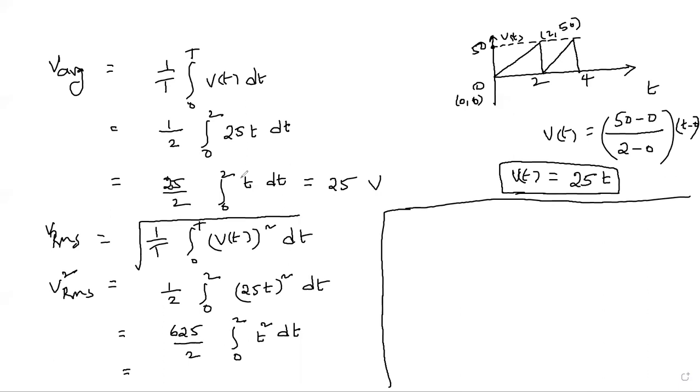VRMS is also 25, both are the same? No. Check once again. VRMS square is 625, sir. Check properly. This is VRMS square, so the values will not be the same.